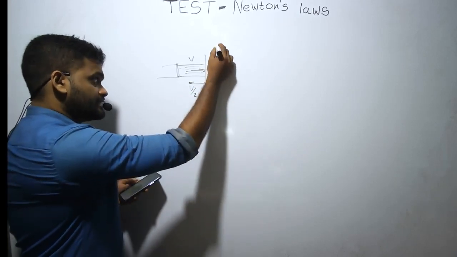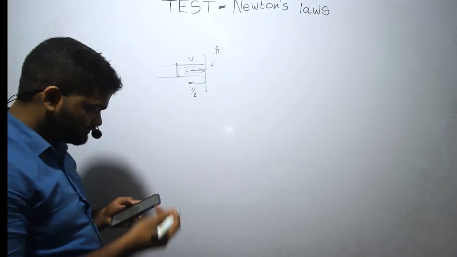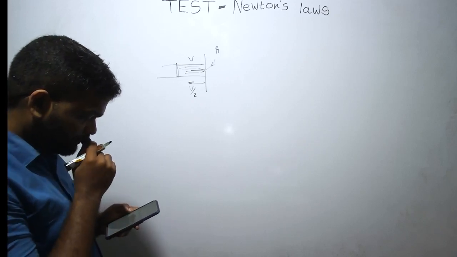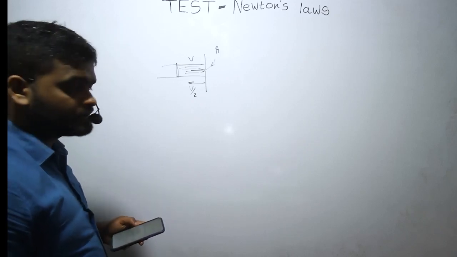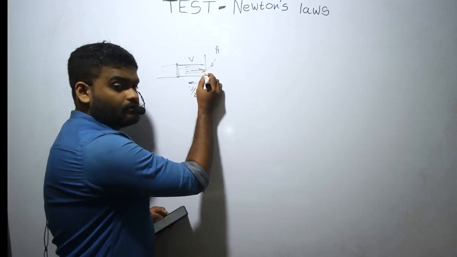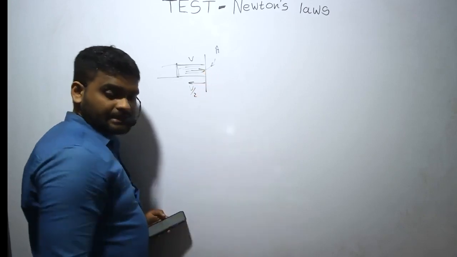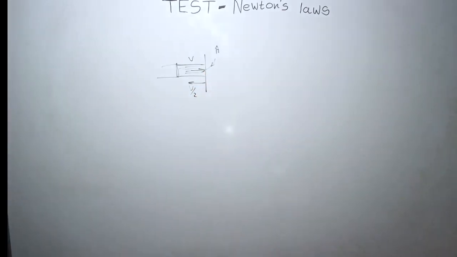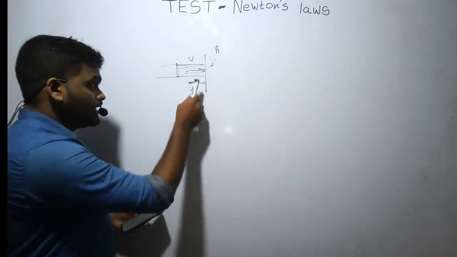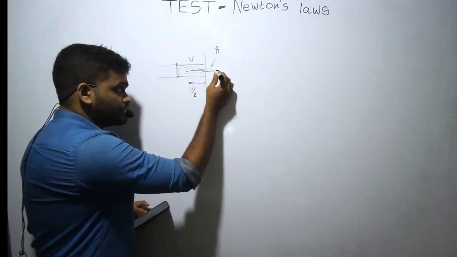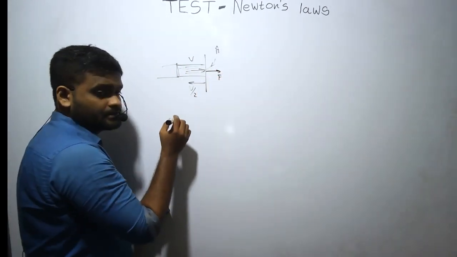Cross-sectional area of the fluid is given as A. Find the force applied on the wall by the fluid. As it hits the wall, the fluid applies a force on the wall. This is what they ask.